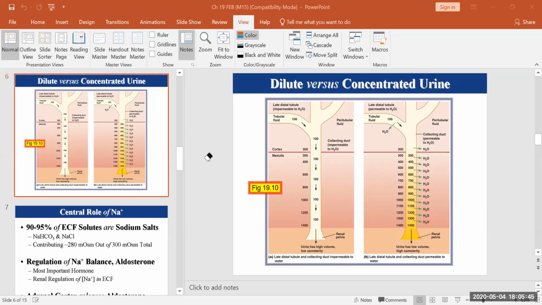And when the body needs it, it releases ADH, and ADH induces the insertion of water pores into the plasma membrane of the cells lining the wall of the collecting duct, allowing water to leave the urine and get into these cells, and ultimately leave these cells and get into the body. So it allows the body to literally concentrate that urine, to retain water, because the body needs that water, because the body is being dehydrated.